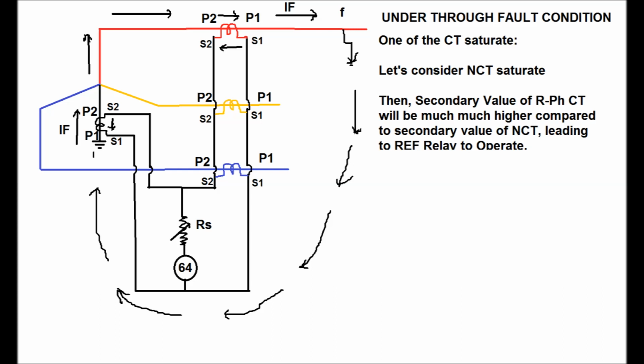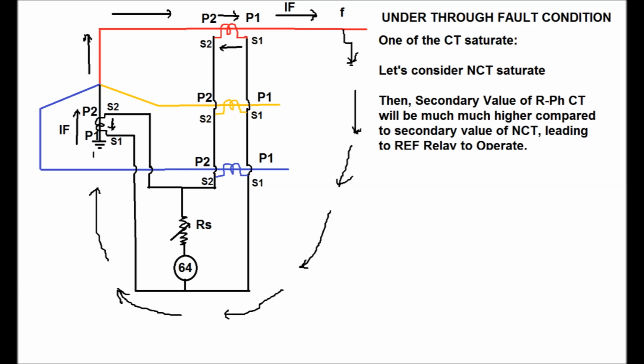Now under through fault condition, if one of the CTs saturates, let's consider the NCT or neutral CT saturates. Under this condition, the same fault current IF flows from P2 to P1 direction for the phase CT, and for the NCT the direction of the current will be P1 to P2.